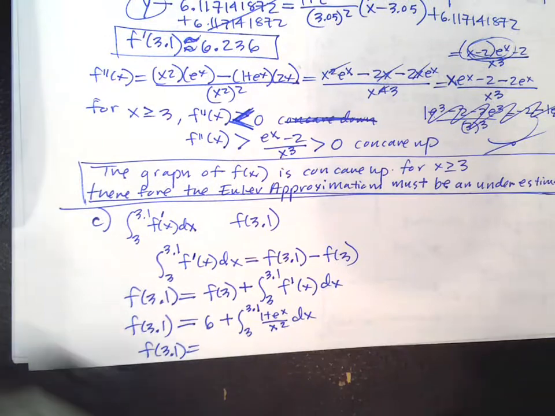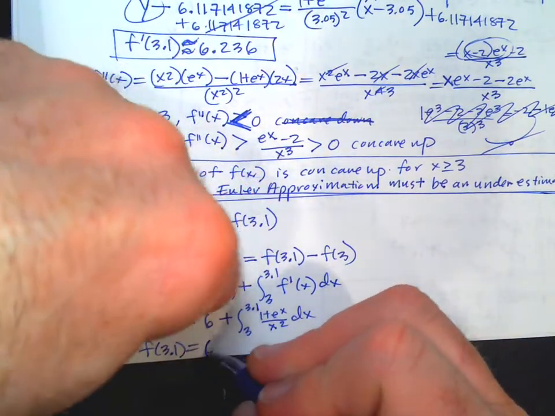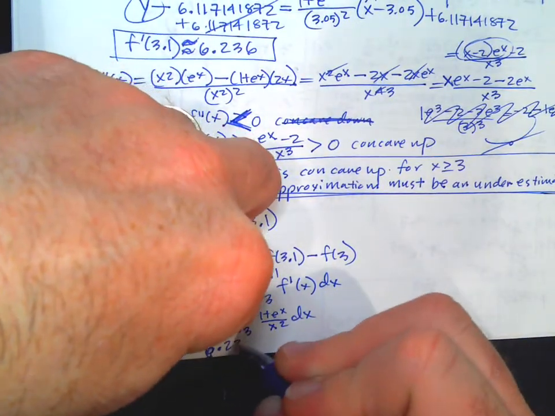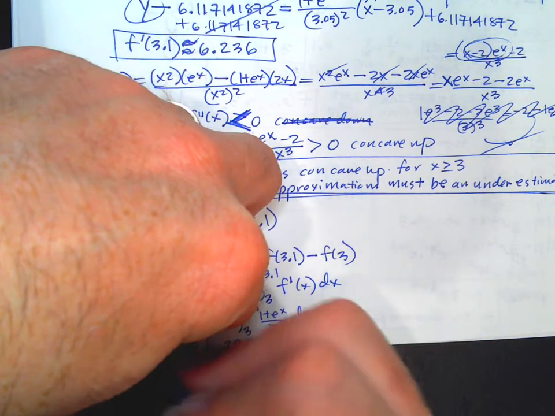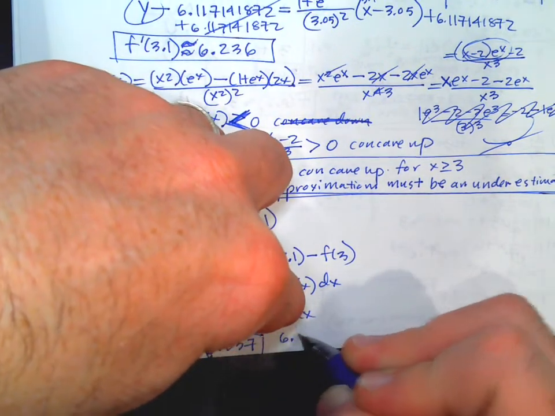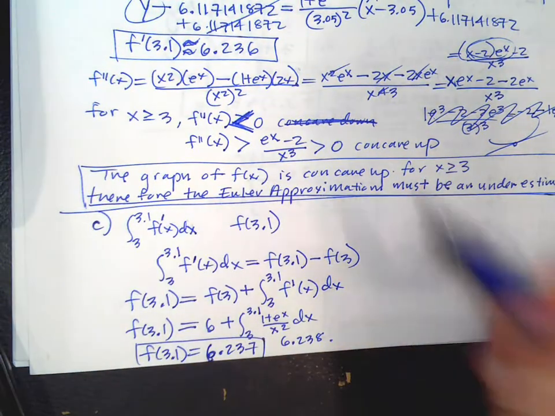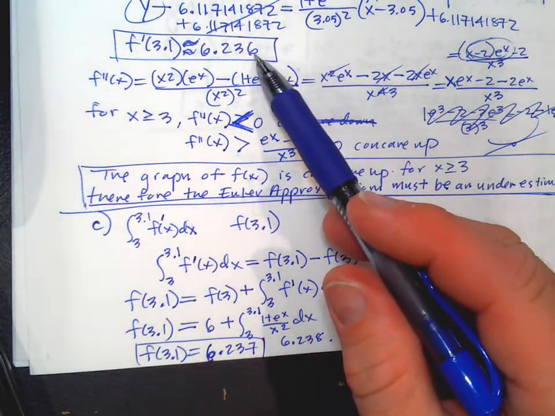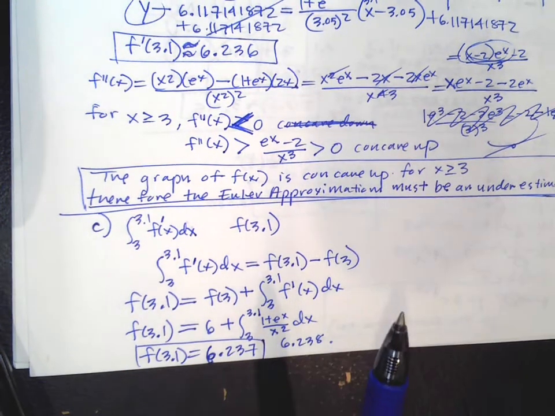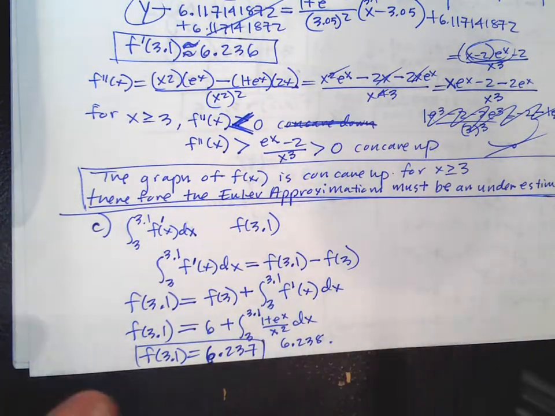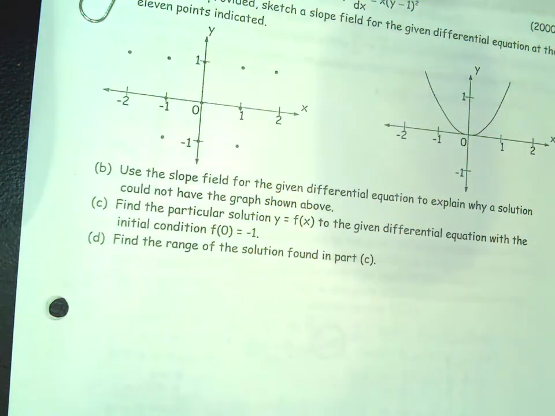And that's the answer: 6.237 truncated, or 6.238 rounded. And this will kind of verify our estimate up here. Wow, it was really close, but it was under. It was an underestimate, barely. Okay. That was fun. Okay, next one.